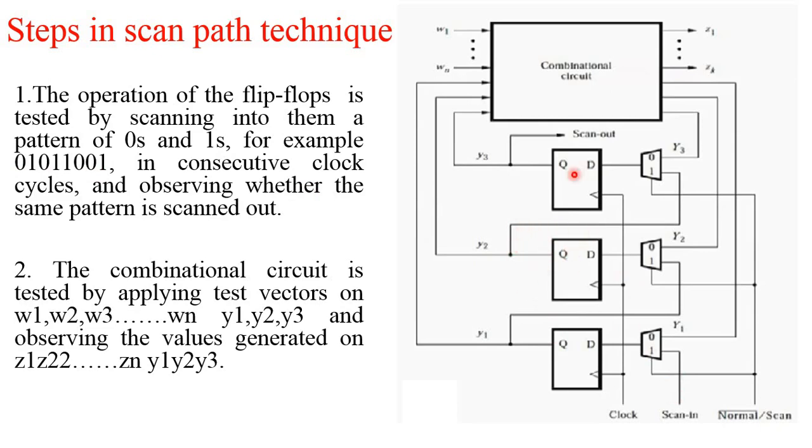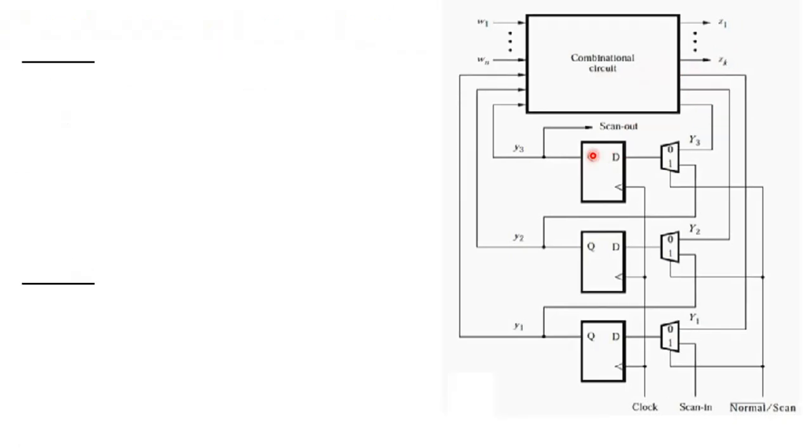This is the combinational circuit. After scanning the inputs, we get the scan-out, that is y1, y2, y3. These are applied to the combinational circuit, and the combinational circuit is tested by applying the signals. The outputs are z1 to zn, along with y1, y2 and y3. Likewise we can test the sequential circuit.